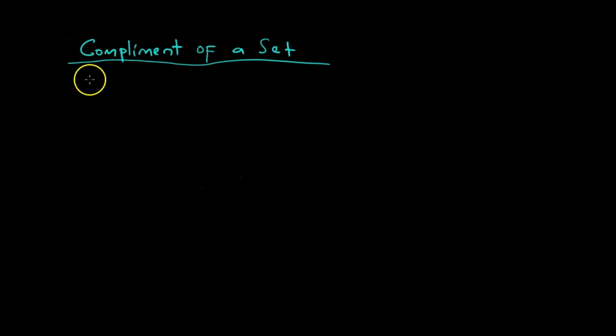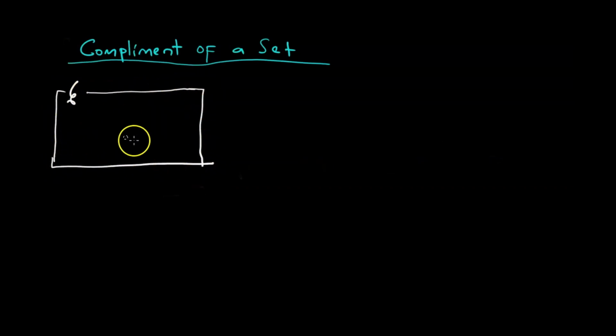Let us say we have a Venn diagram like this. Tine a universal set. Then mukati universal set yedu tine a subset A like this.